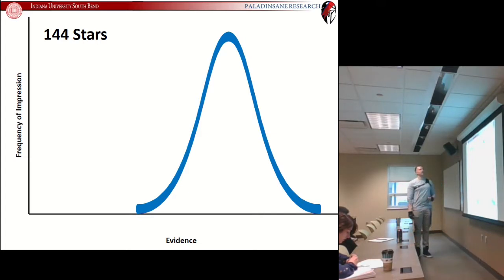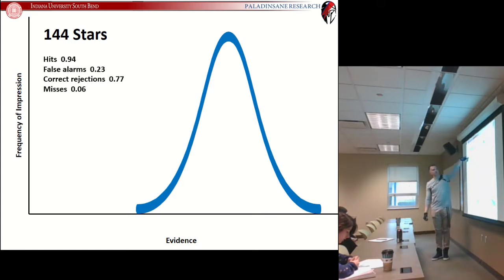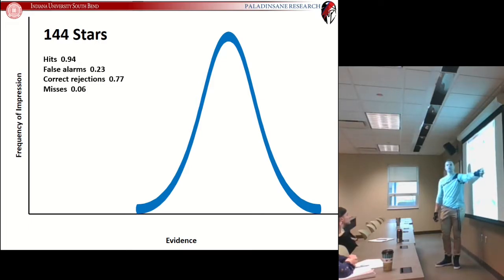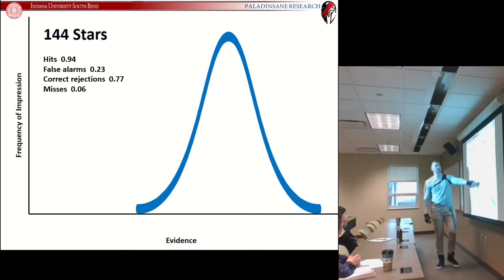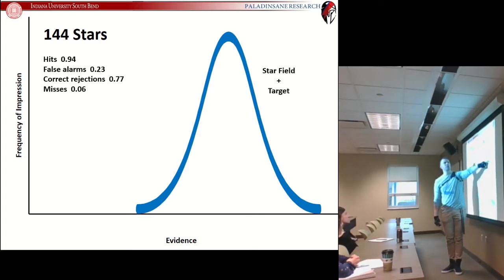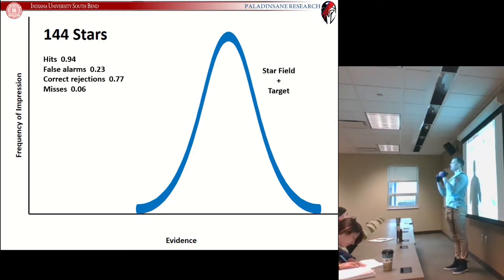But the basic idea is that you take a look at the hits, the false alarms, the correct rejections, and the misses. That allows you to determine where your signal and noise distribution is and where your noise distribution is alone. The star field is your noise. In these experiments on signal detection, they give you a lot of distractors to amp up the noise in your system.